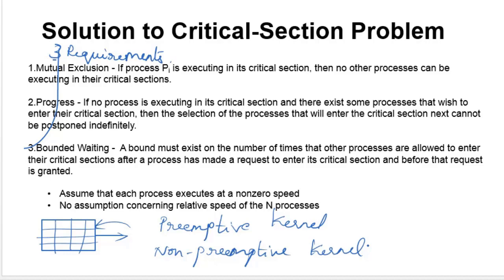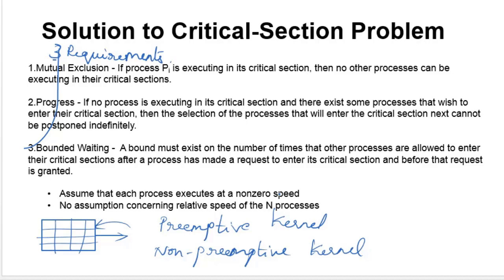It's quite obvious that non-preemptive kernels are free from race conditions. But why would one opt for a preemptive kernel while designing? It is more suitable for real-time programming, because a high priority real-time process can always preempt a currently running low priority process.